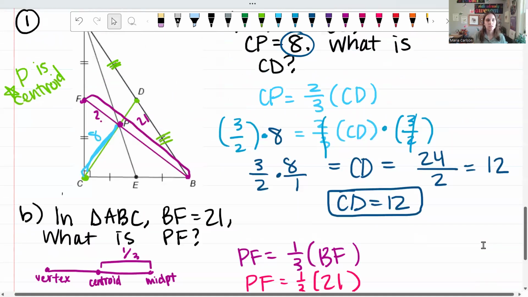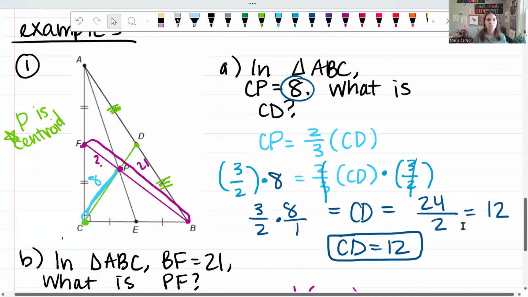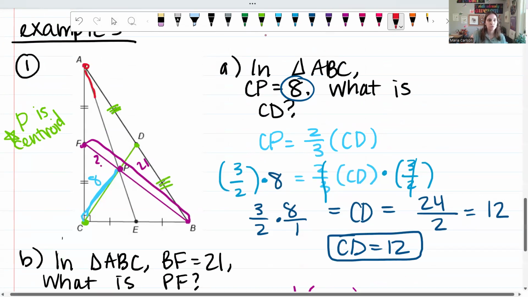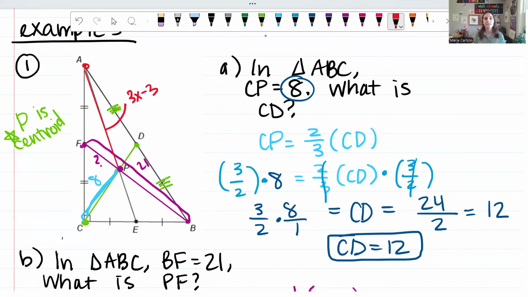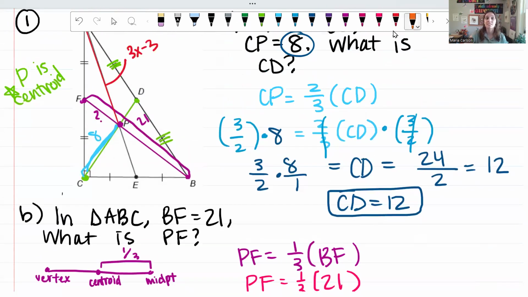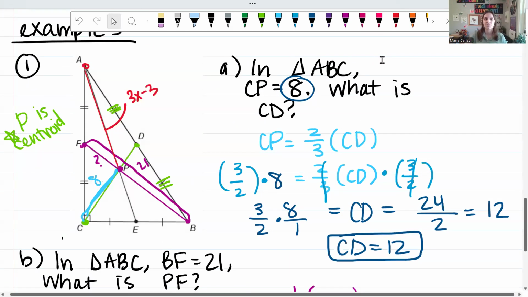AP is 3x minus 3, and that is from A to P. And we know that AE, which is the entire segment, is 6x plus 6.